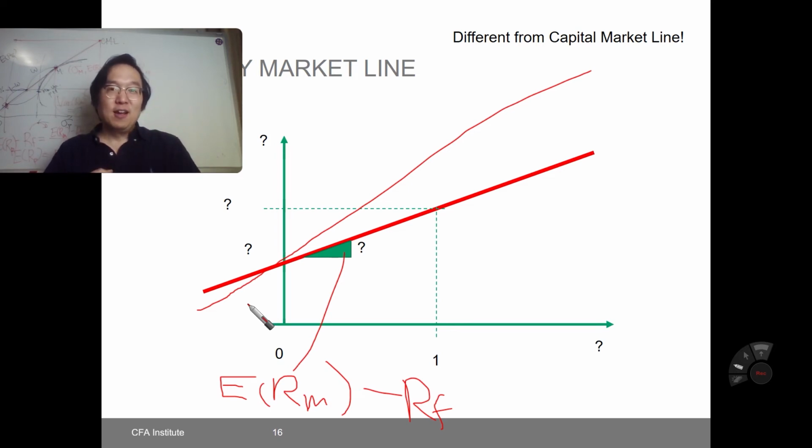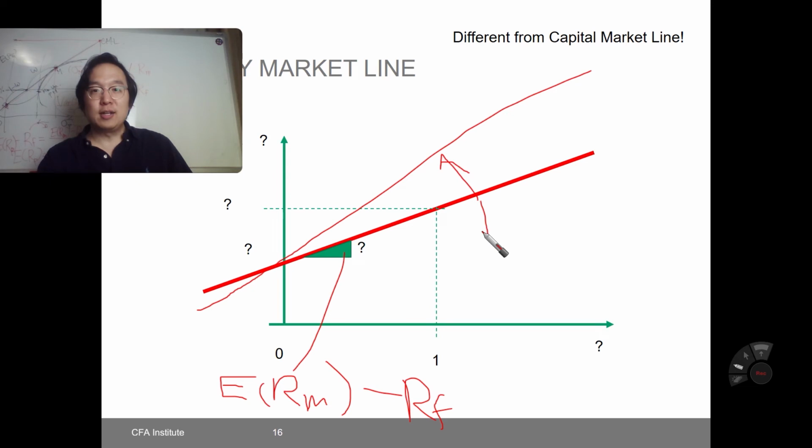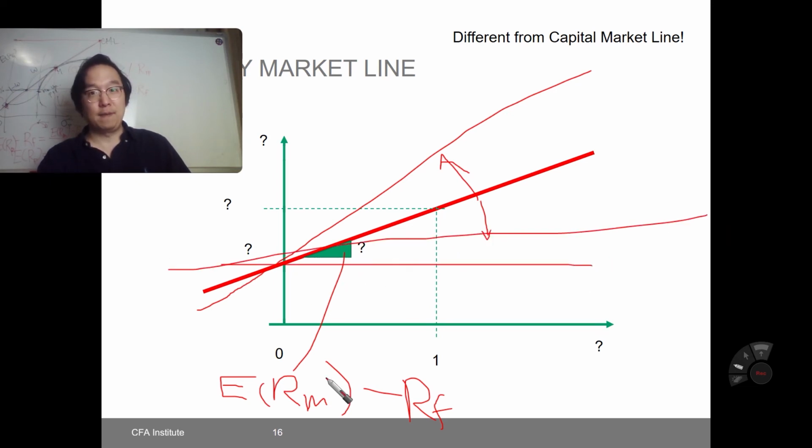Would this security market line be tilted upwards or downwards? Not downwards, but less steep, okay? 1 or 2.